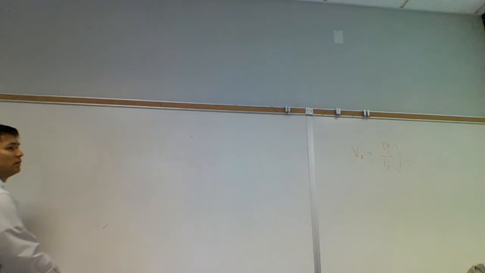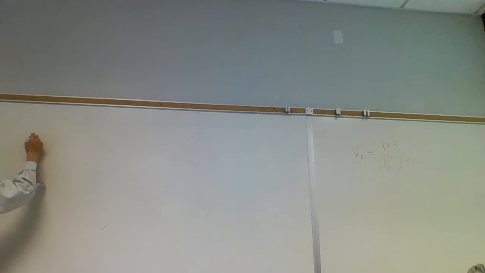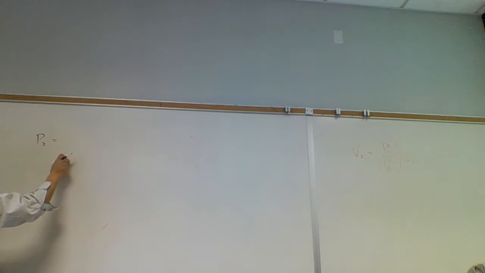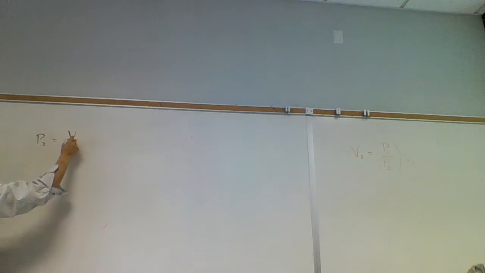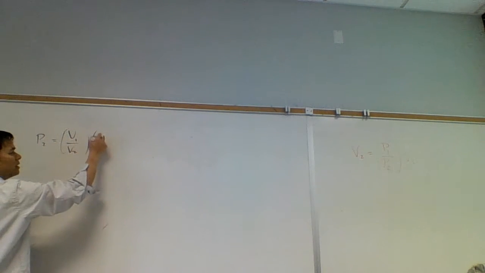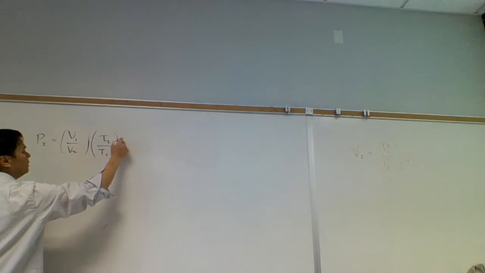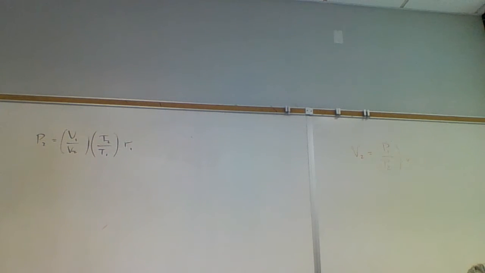Now, let's say we solve for P2. If we solve for P2, P2 is going to have two fractions. P2 is going to equal V1 over V2, that's the volume fraction, and then we'll have the temperature fraction, T2 over T1, times P1. So we can see what happens with the pressure.